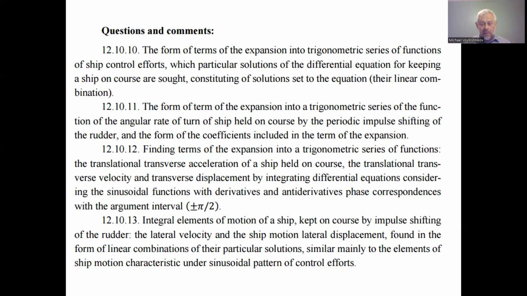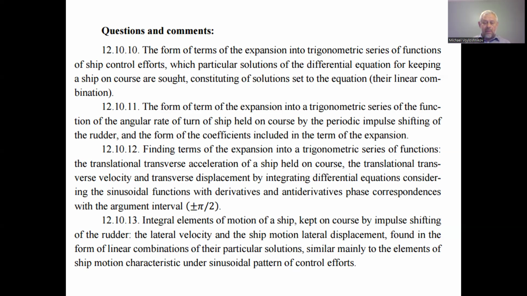One of the benefits when we use the expansions into the trigonometric series of the functions of the right side of the inhomogeneous differential equation, finding the particulars of elements of the motion of the mechanical system, is that sometimes we don't need to technically find the derivatives and antiderivatives of the phase correspondences.